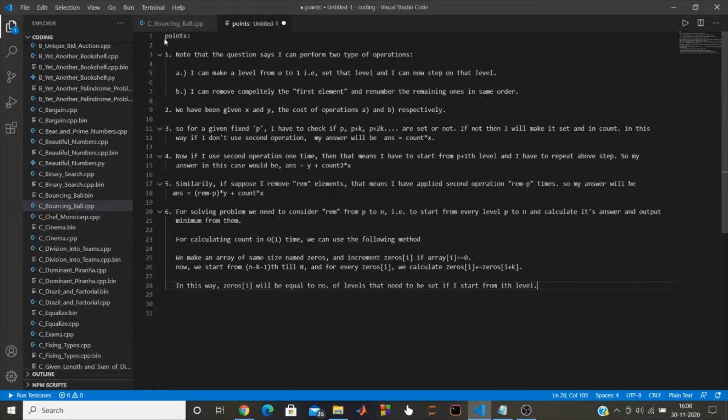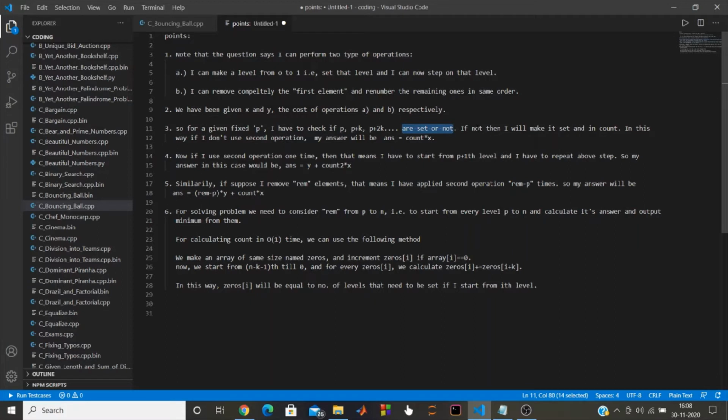The points here are the two operations that I have explained. For a given fixed p, I need to check p, p plus k, p plus 2k, till it exceeds the last element, and see whether they are set or not.